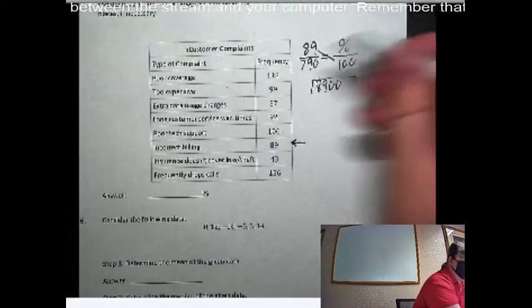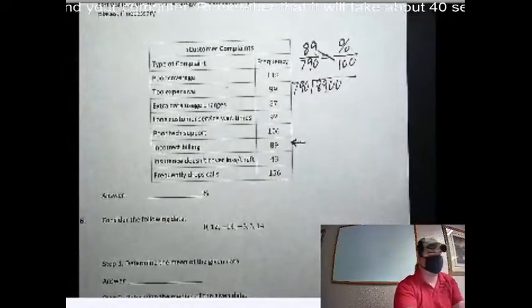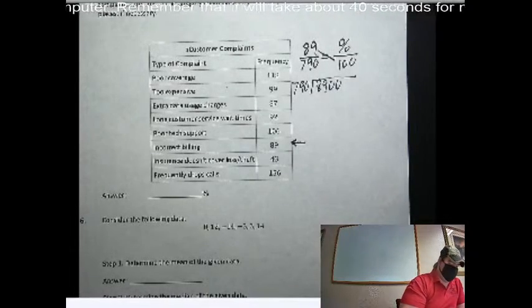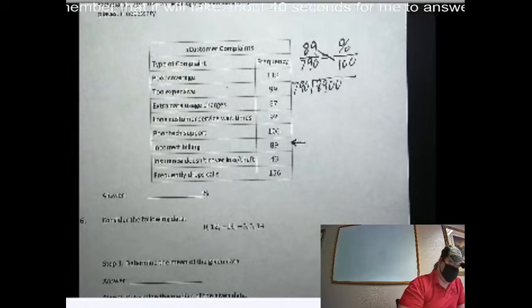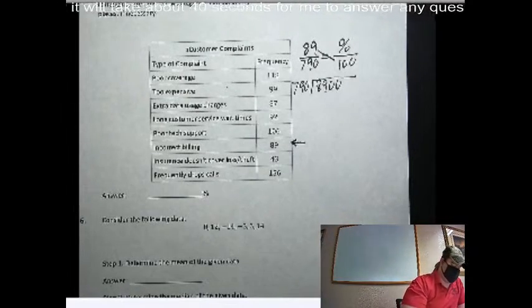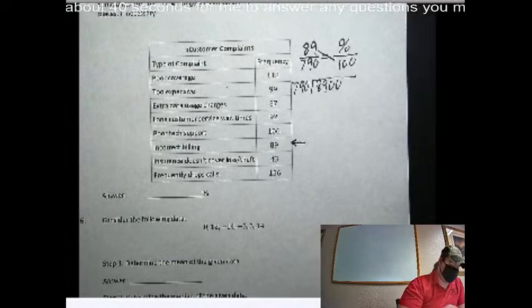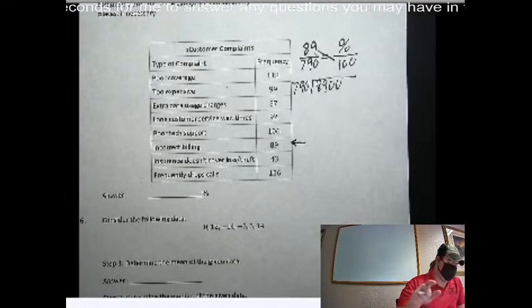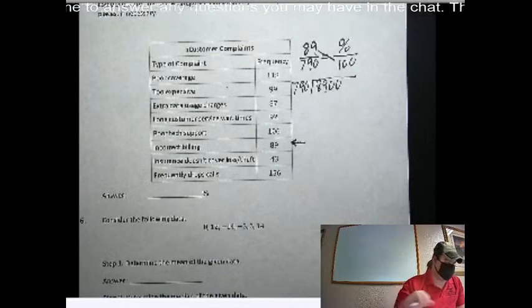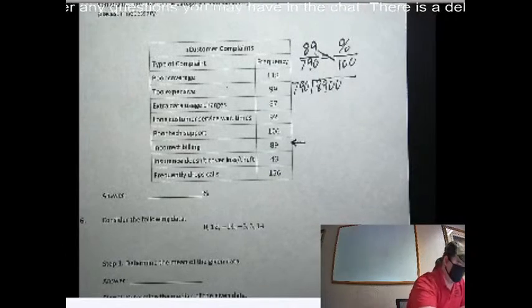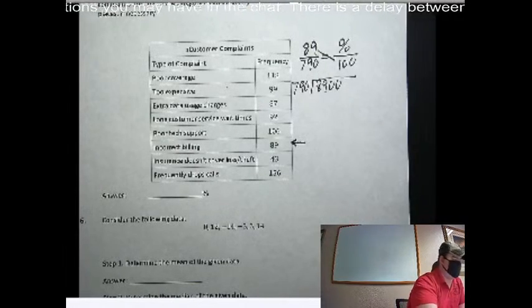And then divide by the number that's left over, 790. So 8,900 divided by 790 is 11.265822, and so on and so forth. We rounded to 2 decimal places, so that's going to be 11.27.